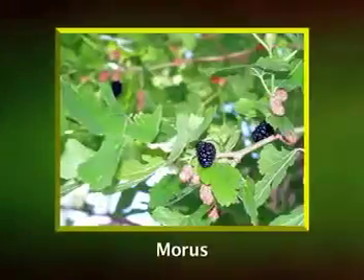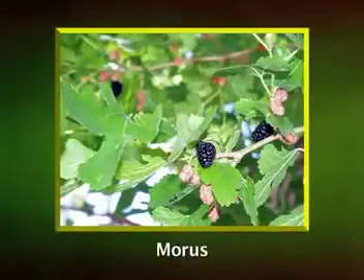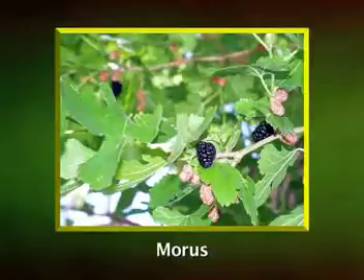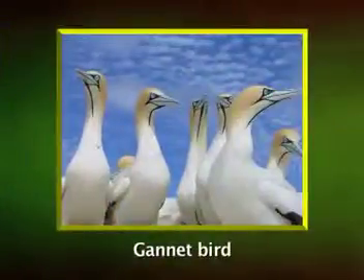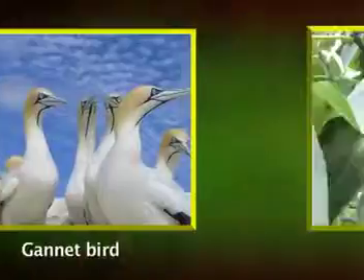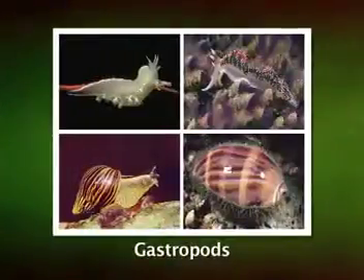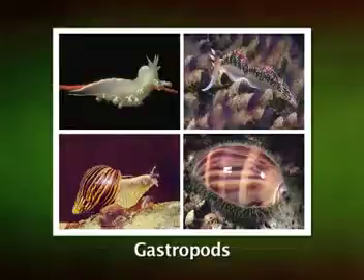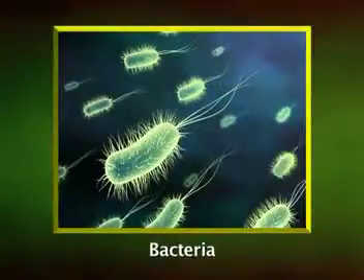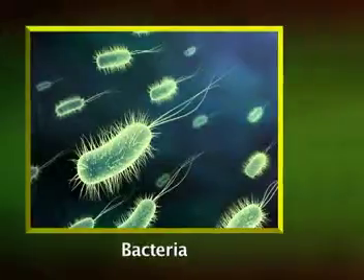For example, the genus Morus refers both to a flowering plant, the mulberry, and to a bird, the gannet. Ficus is the genus name of the figs and of a group of gastropods. A separate code is also used for the prokaryotes, including the bacteria and viruses.